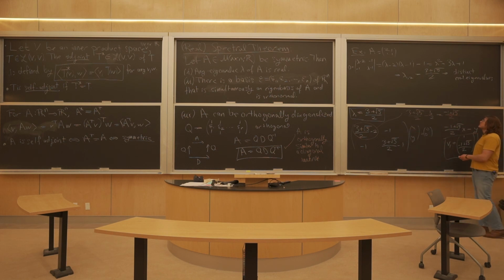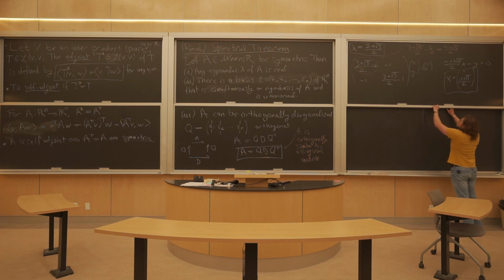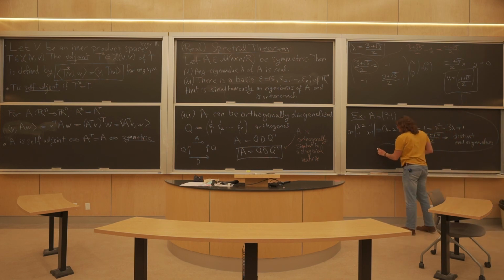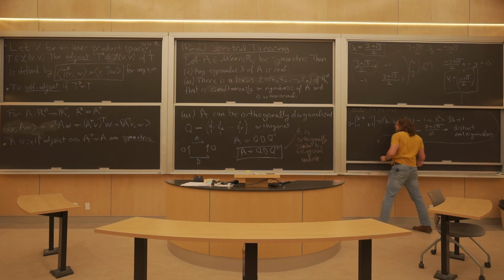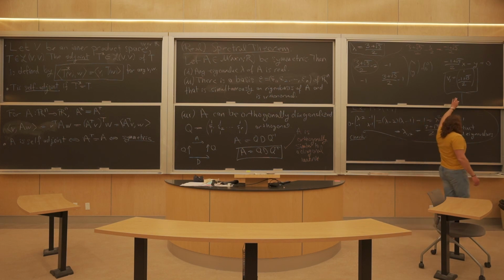Let's verify this while we're at it. I'm just going to do the verification over here. So the idea is that if I were to take this vector and multiply it by A from the left, I should get back some multiple of this.